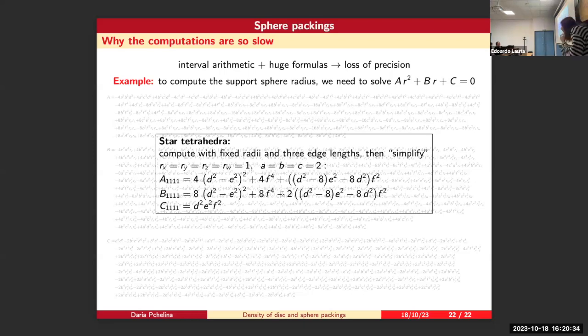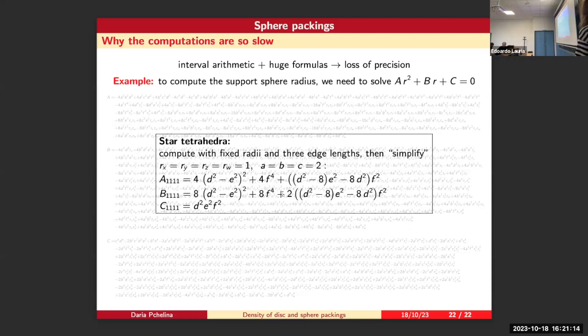Okay. And so what we do in our research is we have a function defined, for instance, for triangles, on a kind of a box of R, a box of the 3 edges of a triangle, because it's a space of triangles. And so now what we do is we say, okay, I want to use interval arithmetic here.